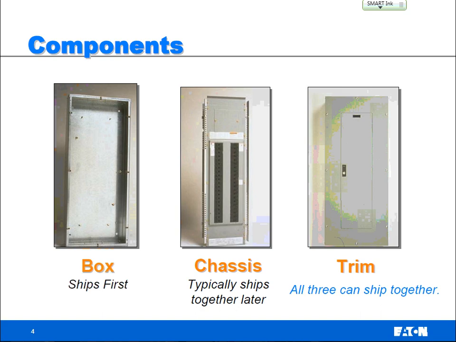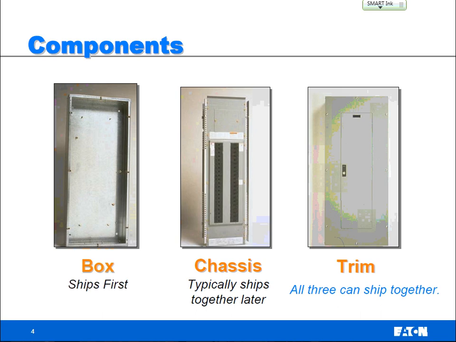Dead front is when I've got sheet steel covering all my stuff, so if this is mounted on the panel board, I'm not going to be able to get my hands on 480 volts. When you talk live front, you could say this panel here wasn't here, and I can reach in and grab right under the 480 volts if this was active. So generally speaking, anything in our commercial distribution world is going to be dead front for safety. I'll come back to this here.